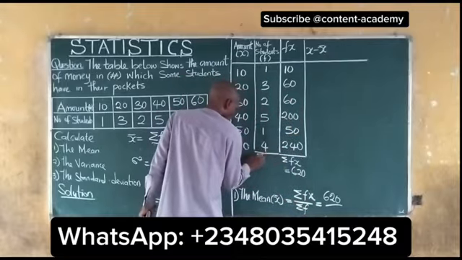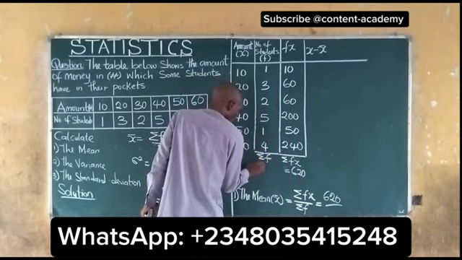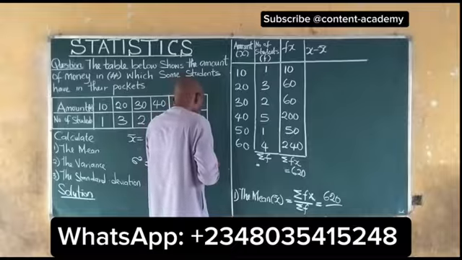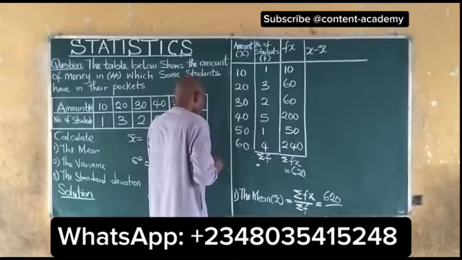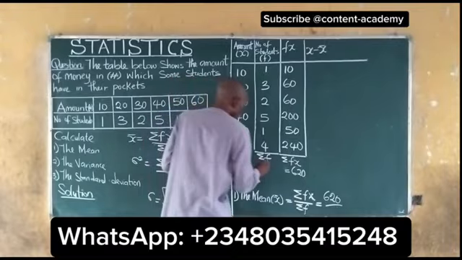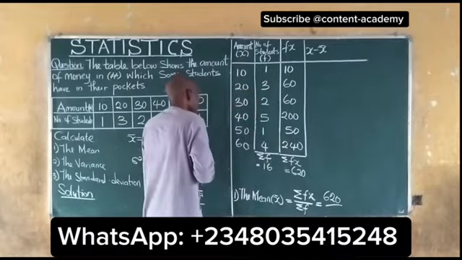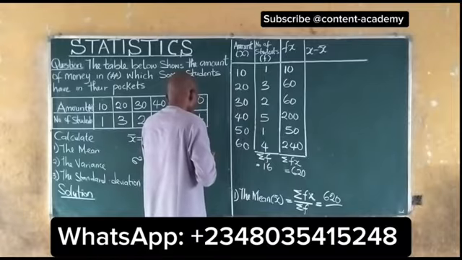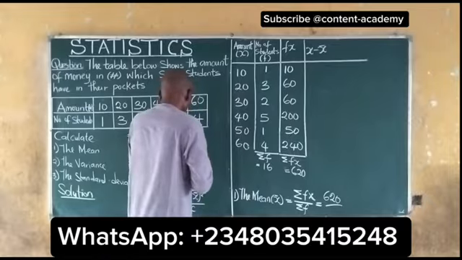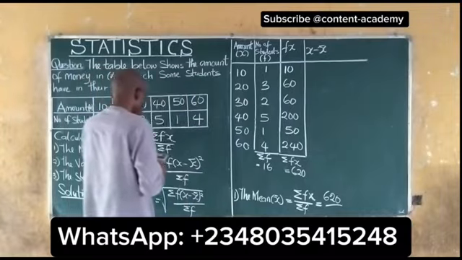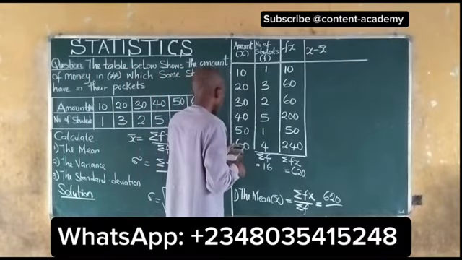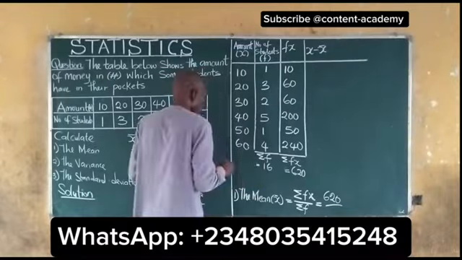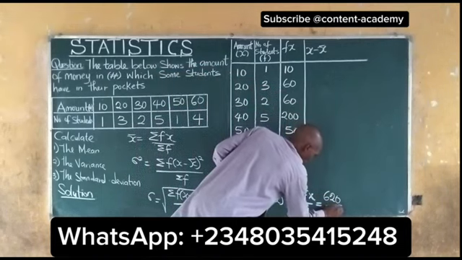Summation of f is equal to, we have to add the whole of this: 1 plus 3 plus 2 plus 5 plus 1 plus 4. We have 16. So 620 divided by 16.